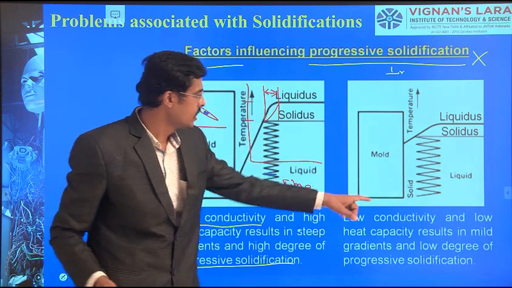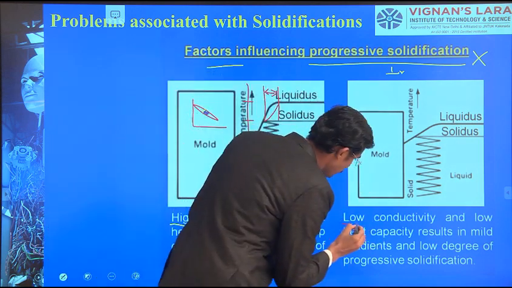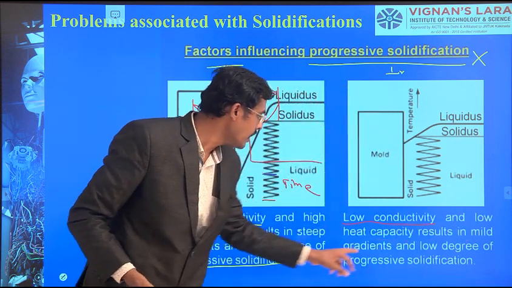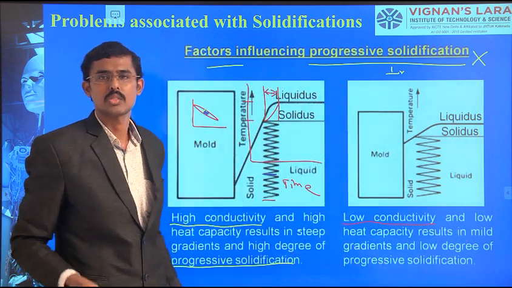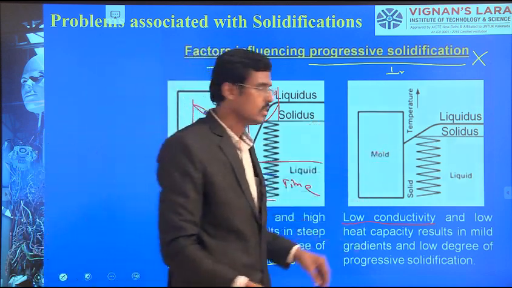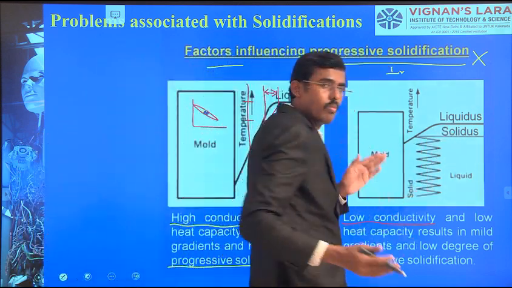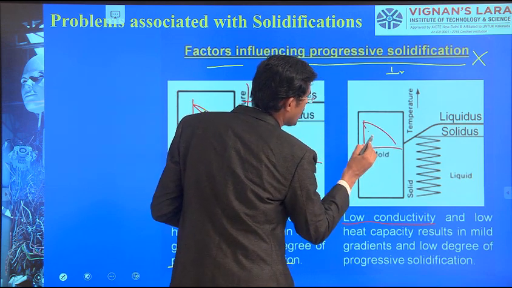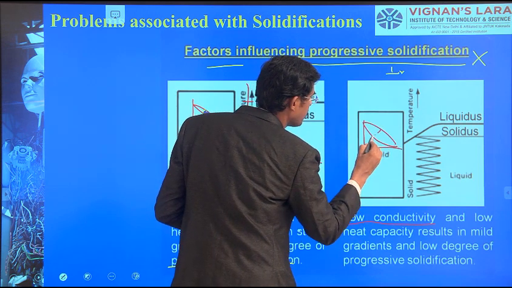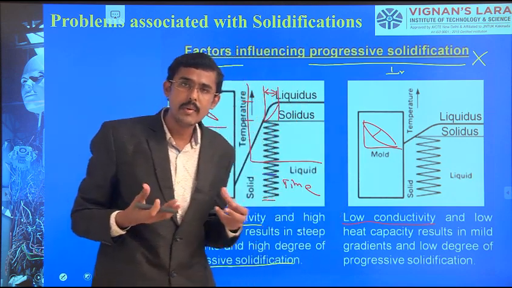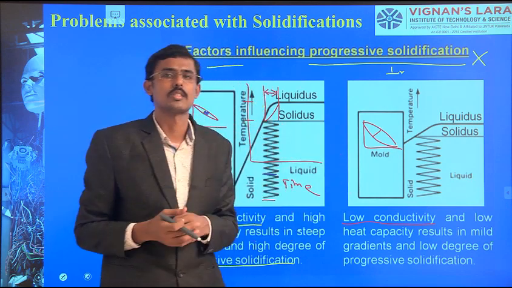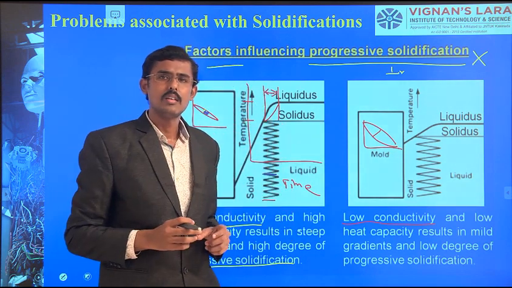But see the low conducting material. For the low conducting material, the low heat capacity results in a mild gradient and a low degree of progressive solidification. The transition between liquid and solid takes more of a gap, so in between that time it can go for directional solidification.